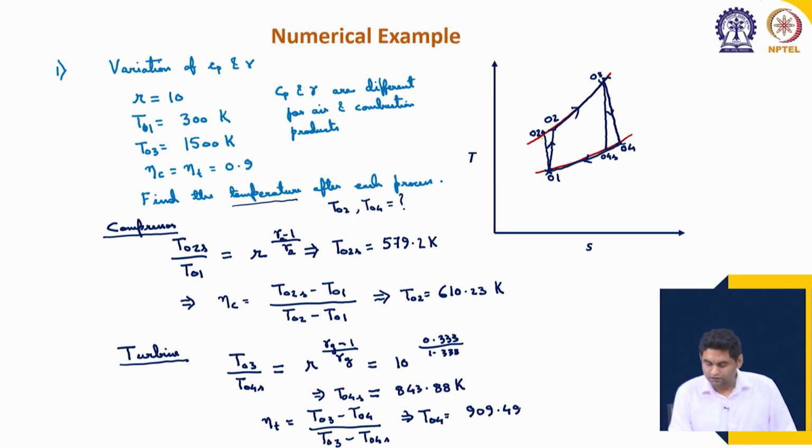909.49 Kelvin. Now, if we had further proceeded with this problem, we have found the temperature, so this problem is solved, but if we wanted to find the work output from the turbine, in that case we will need to use the Cp of gas for calculating. So, the work output from the turbine Wt will be Cp of gas, which is 1.148, into the mass flow rate.